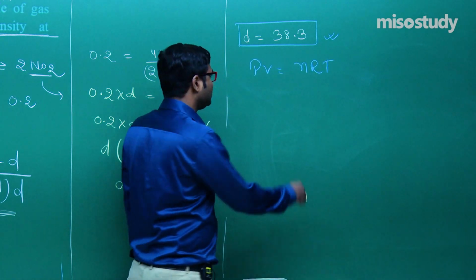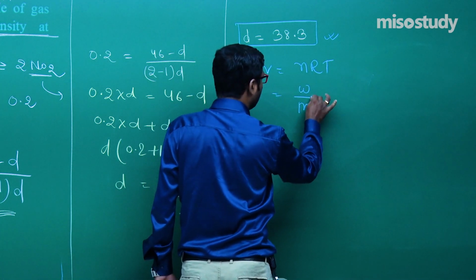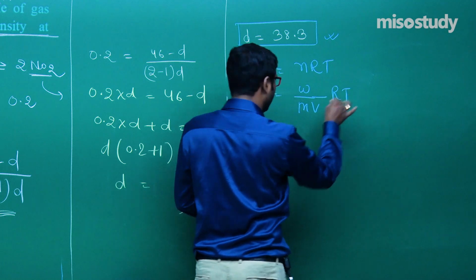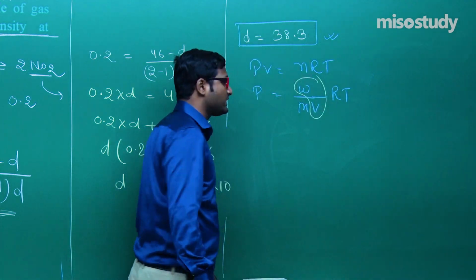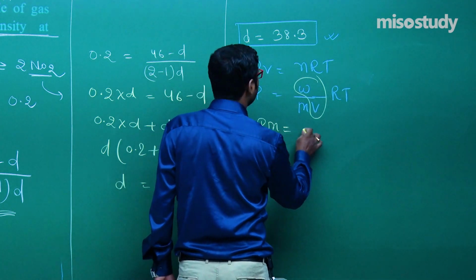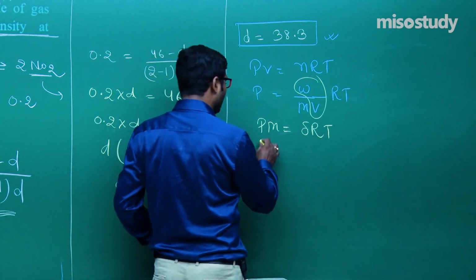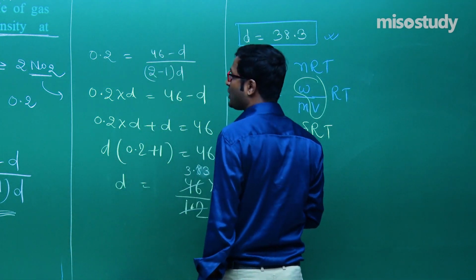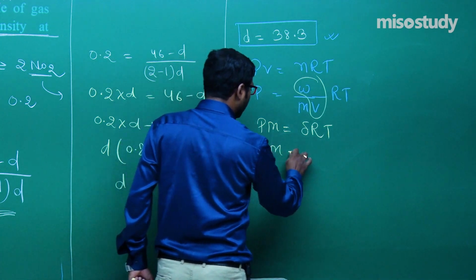Then P is equal to given mass upon molar mass upon volume into RT. Given mass upon volume is the density. So PM is equal to rho RT. As we know, P is equal to 760 torr, that is 1 atm.